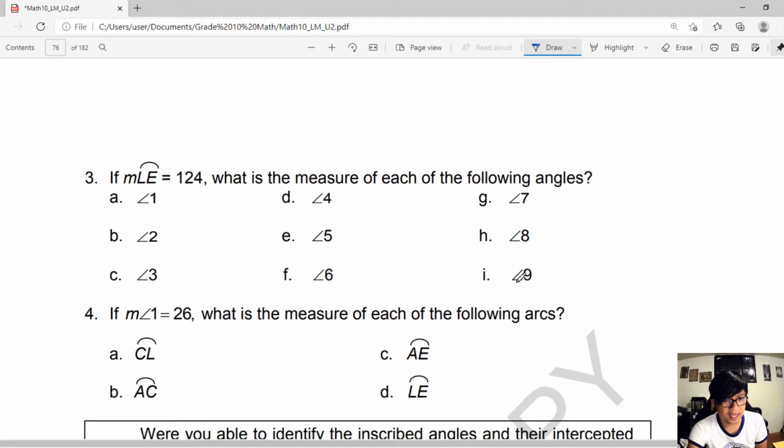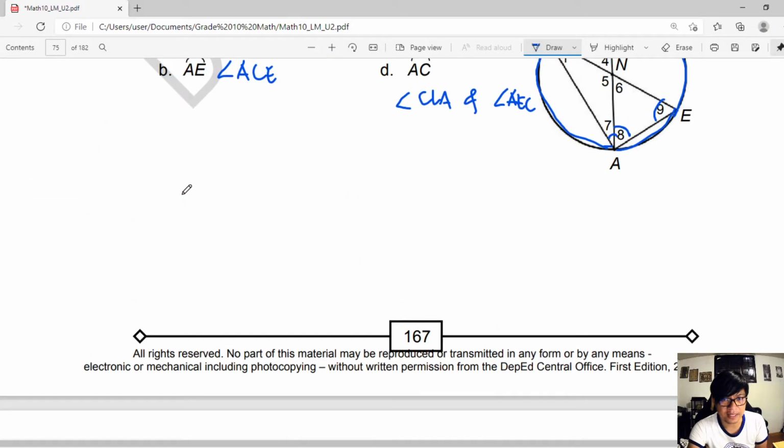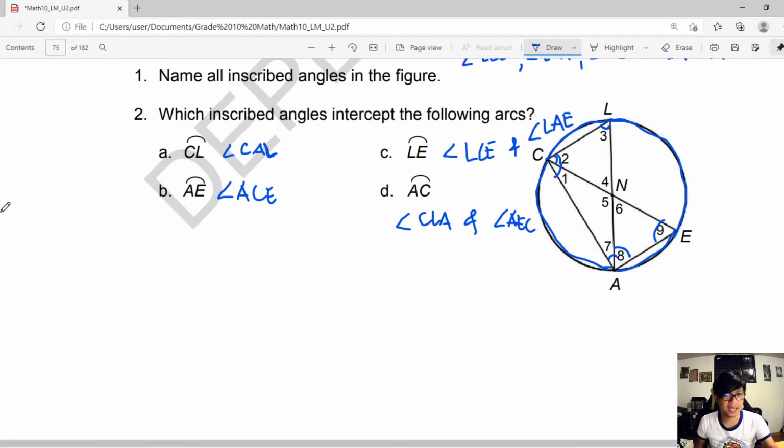Meron pa ito. You're going to find, given a measure, the angles 1, 2, 3, 4, 5, 6, 7, 8, 9. The measure of arc LE is 124. What is the measure of each of the following angles? Number 1, angle 1. Number 2, angle 2.